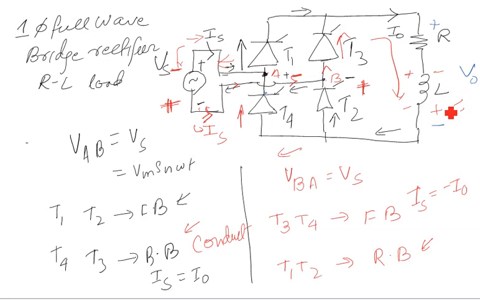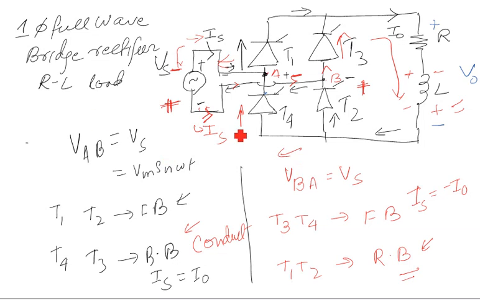I have discussed this in the previous lecture also, that the inductor stores but reverses also, but it does not change the current direction. Because of that, T3 and T4 will be reverse biased, T1 and T2 will be reverse biased. Even after being reverse biased, it can conduct. We'll check this in the waveform cycle.